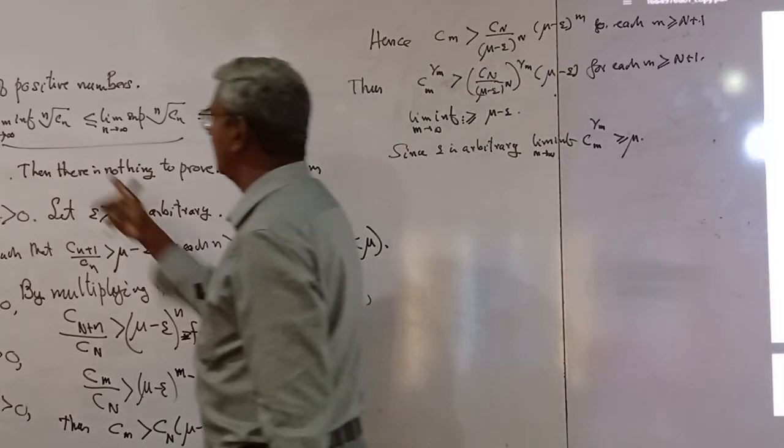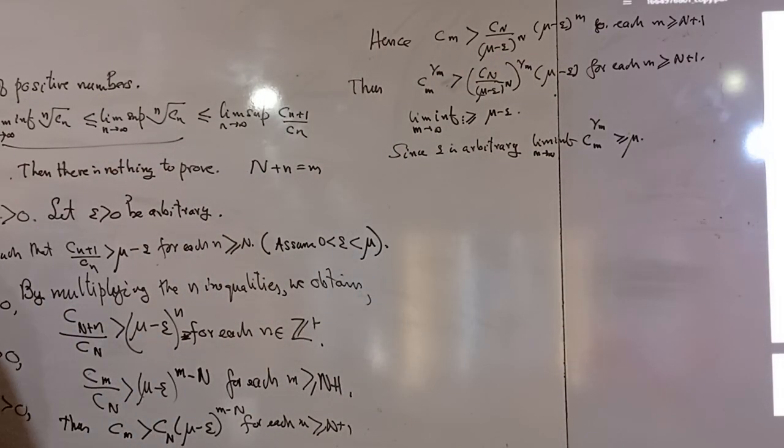So we have completed the proof. I mean, this one always, lim sup is bigger than or equal to lim inf. As a result, I have completed the proof, and this is a very important result. You will be using it very often.